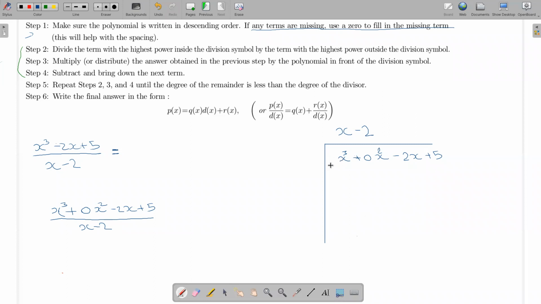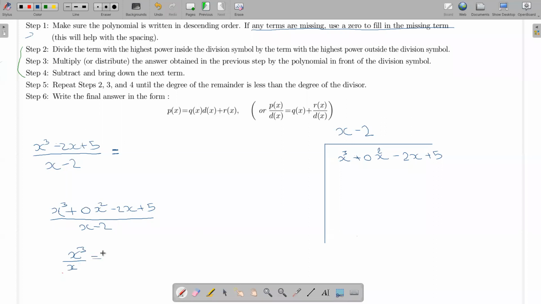So again I take the highest degree term here. මෙතනින් highest degree term එක ගන්නවා. Highest degree term එක එන්නේ x cube. So I take the highest degree term x cube divided by x.